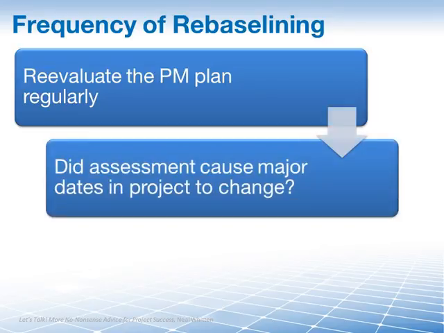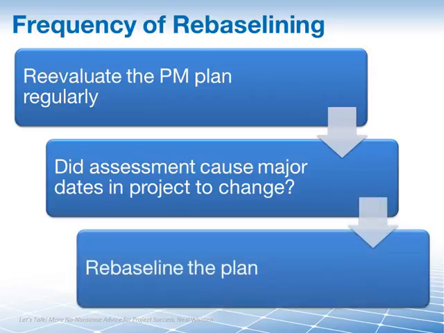If this assessment causes major dates in the project plan to change, then you should also rebaseline the plan. Of course, if a project is only days or weeks in duration, then you cannot pause to re-evaluate the project plan every 1 or 2 months. But for these shorter projects, there typically should not be a need to routinely re-evaluate them anyway.